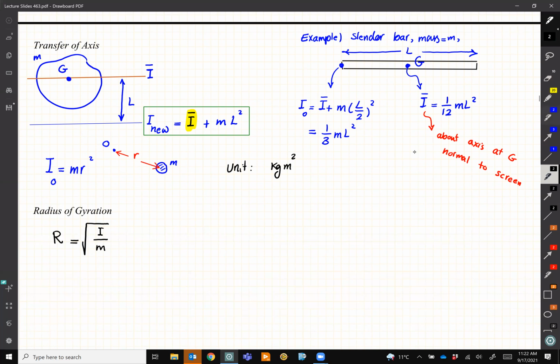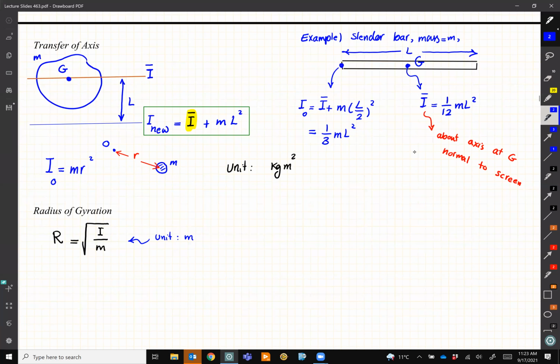So now it has a unit of meter, or inch or whatever length that we use. It's a smaller number, it's more convenient to work with. Okay, because R now is a distance.